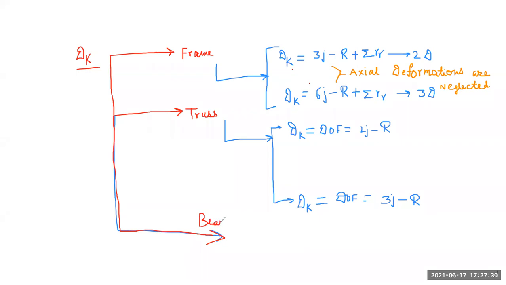DK for beam is equal to 3j minus r, or it is also written as capital R. So basically these are the formulas for calculation of your DK.